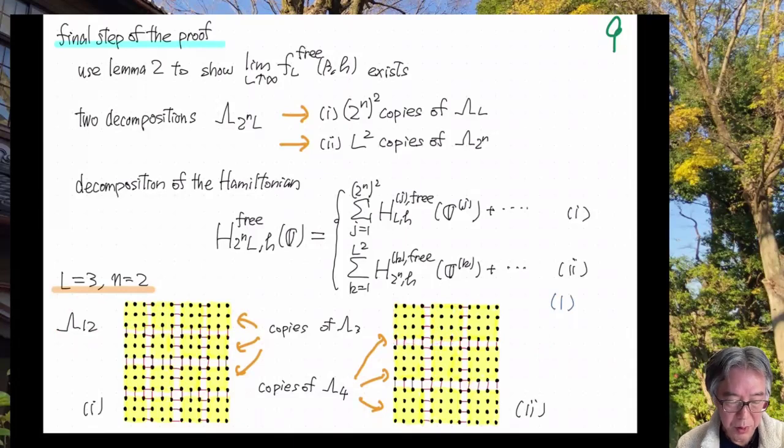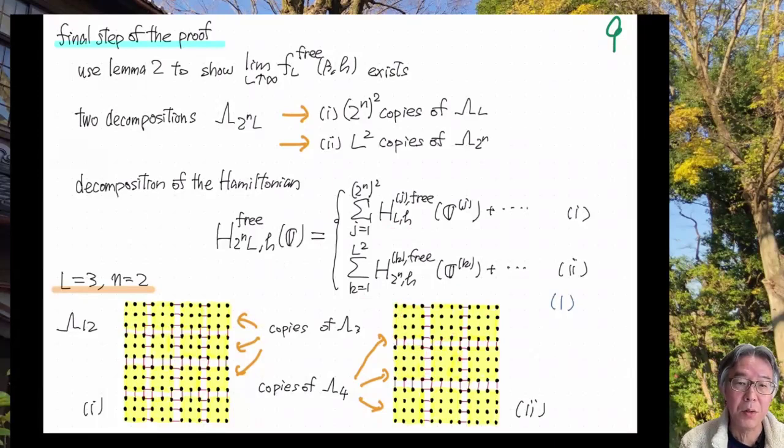Now, again, we decompose the spin configuration and we consider the corresponding decomposition of the Hamiltonian. I'm being a bit sloppy or sketchy here, but you can do the same decomposition as before. In the first case, we can decompose this into Hamiltonians on these small lattices, and in the second case, we again decompose this into these things.